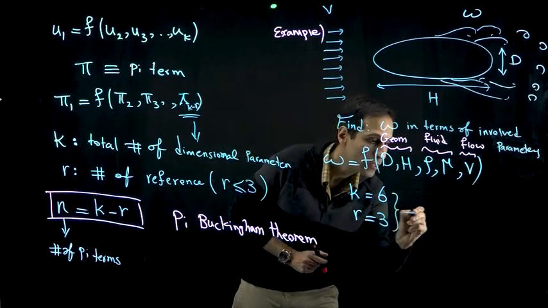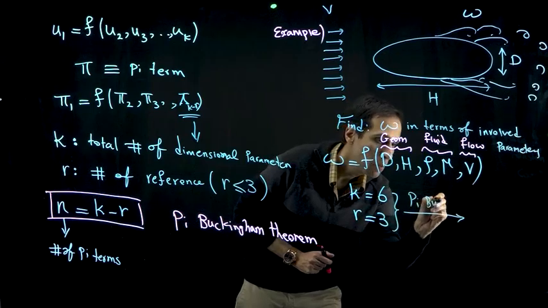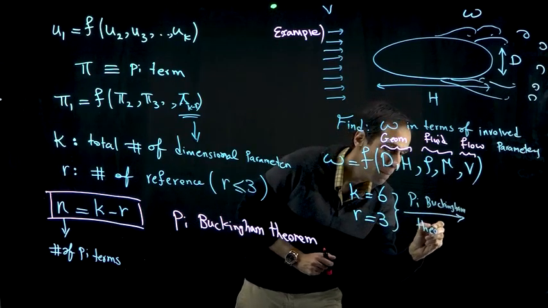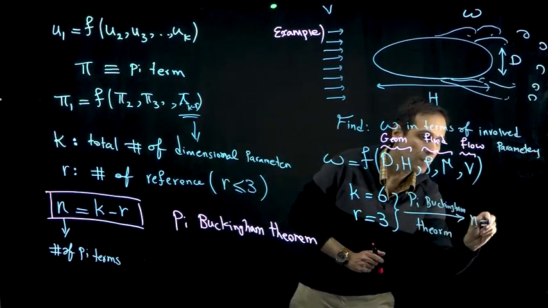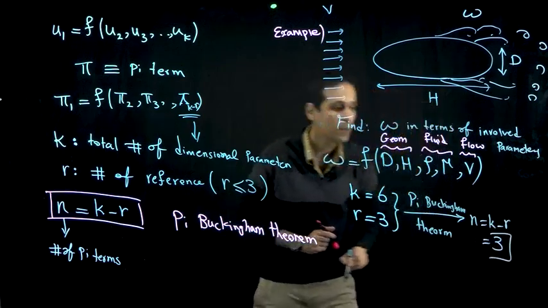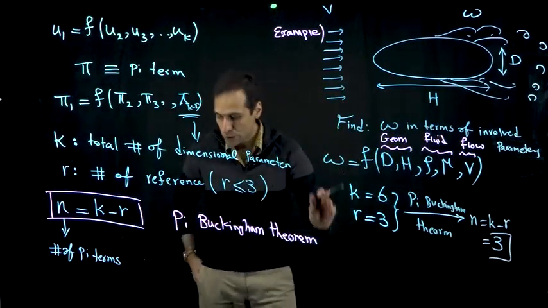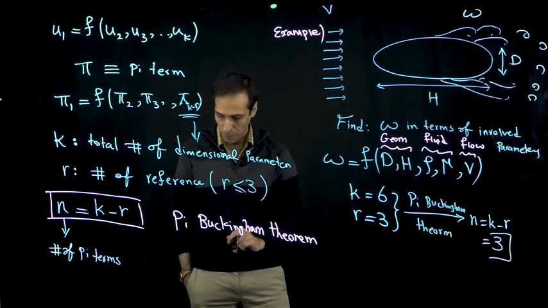Therefore, according to the pi Buckingham theorem, N is going to be k minus R, which is 3. So I expect to see 3 dimensionless parameters in this problem.